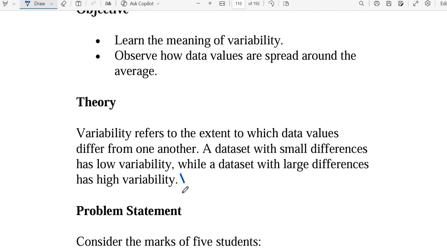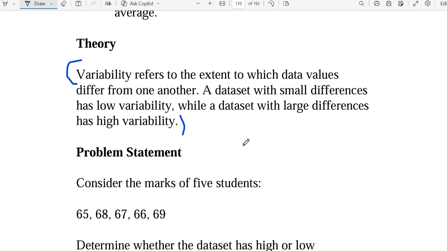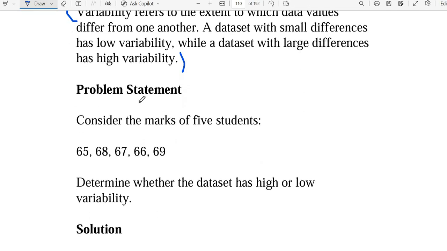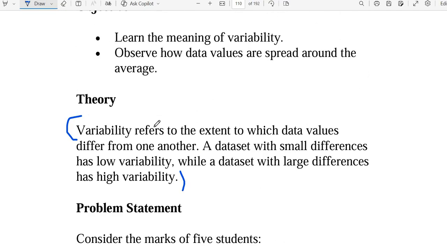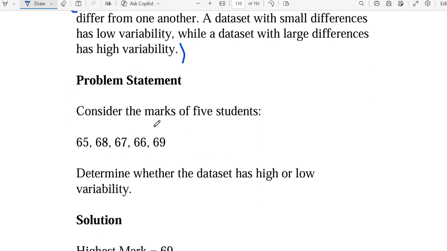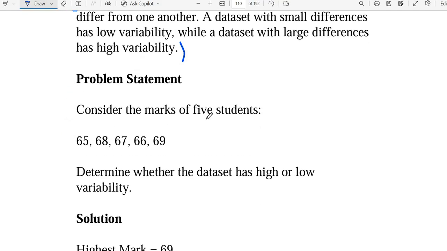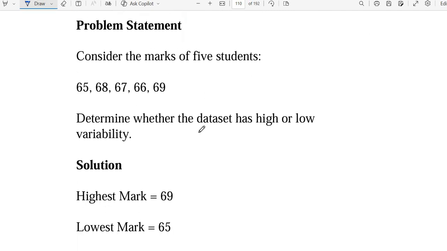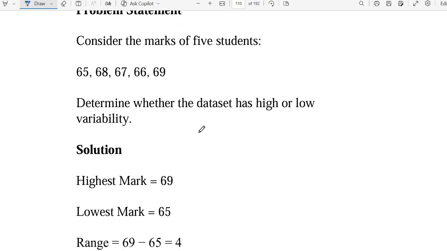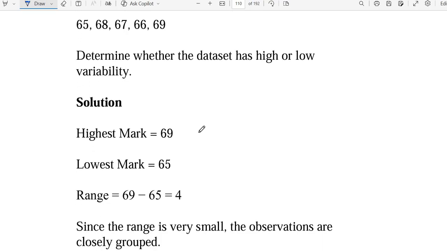Now let's see what this sentence means. Problem statement: with the help of this problem, we will be clear what variability means. Consider the marks of 5 students: 65, 68, 67, 66, 69. To determine the variability, we have to find the range.